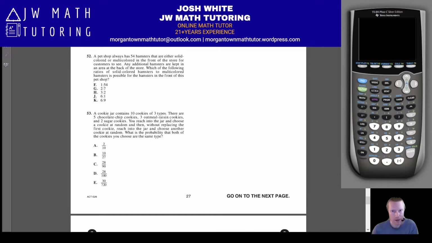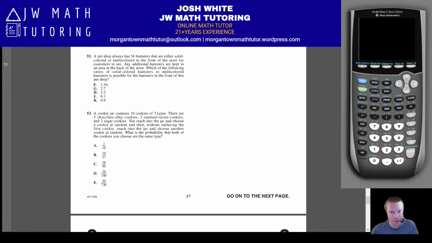Next up we have problem number 52. So for this one, basically the easy way to do this is to start working through the answer choices, or back solving it, by keeping in mind that if you take the ratio between these two numbers and multiply each of them by x, and then add it up, it has to equal 54 because there's 54 total hamsters.